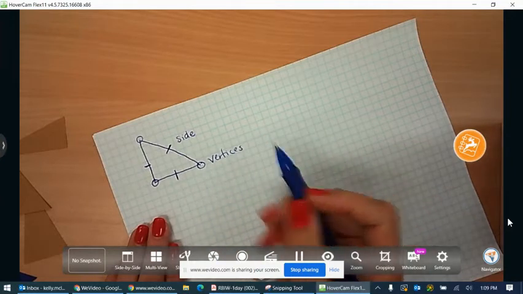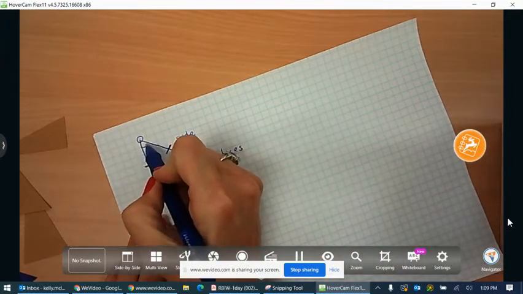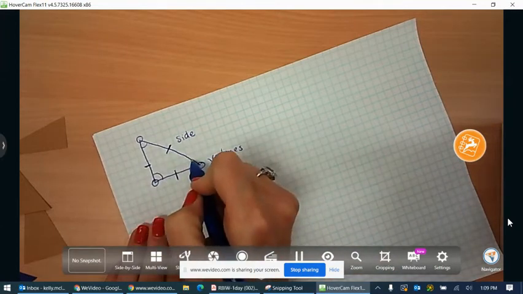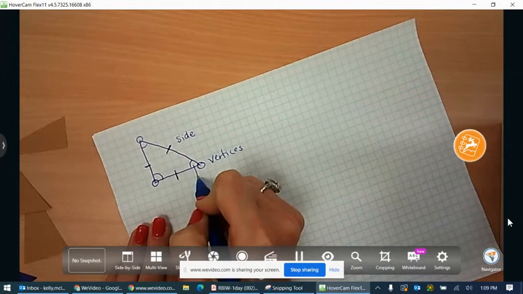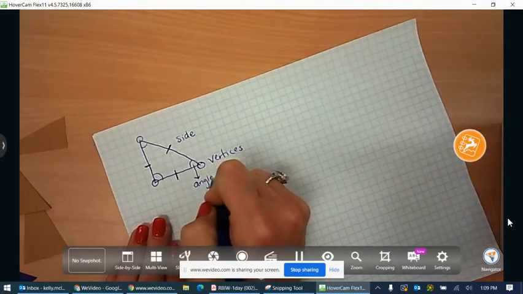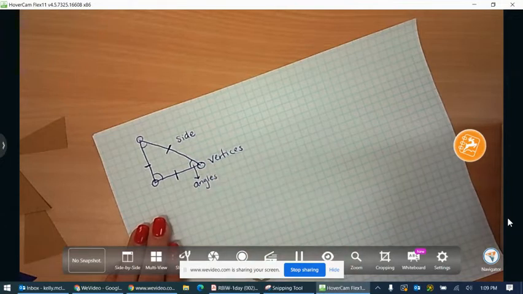And I can make a little semicircle at the angles. And I can label those. Okay, so I want to do this with all of those shapes.